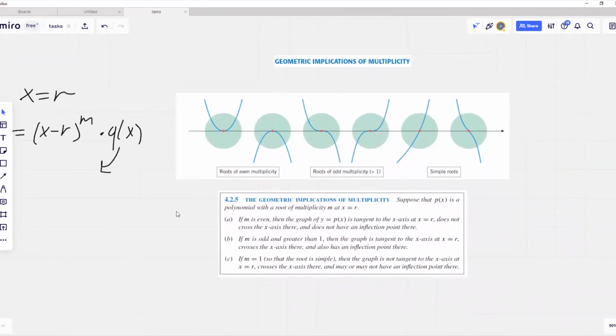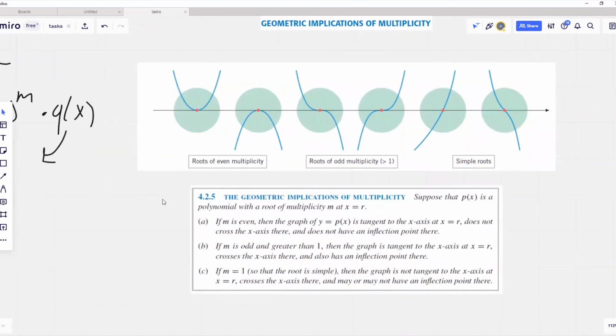Let's summarize our findings about multiplicity of roots of a polynomial to study the behavior of polynomials near its roots. In case we have even multiplicity, as we can see in the following two graphs, the graph of the polynomial does not cross the x-axis.